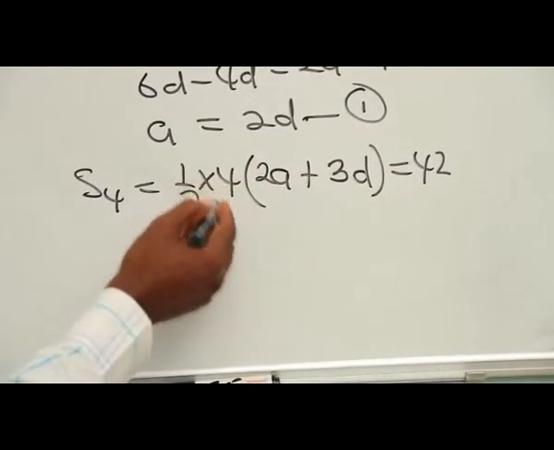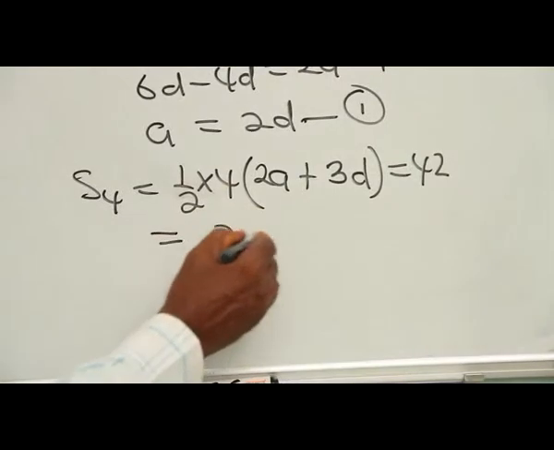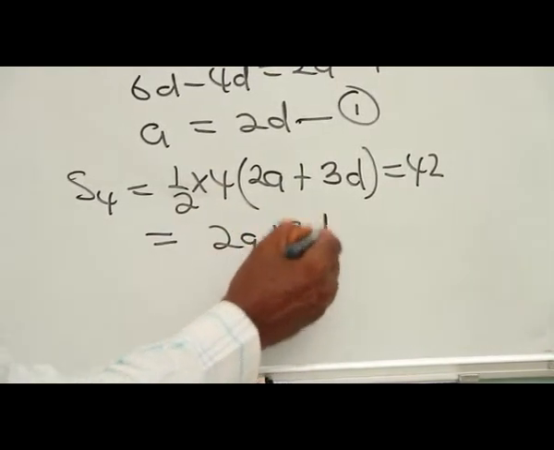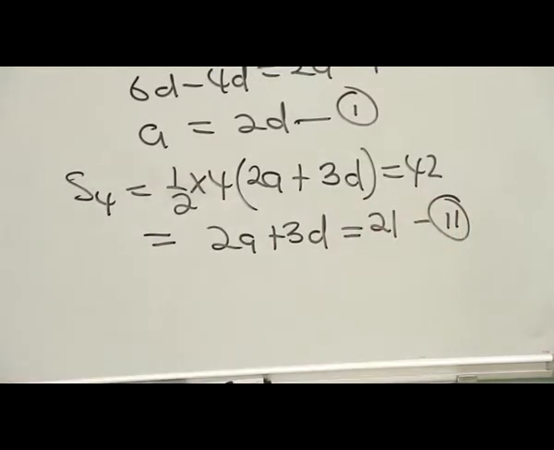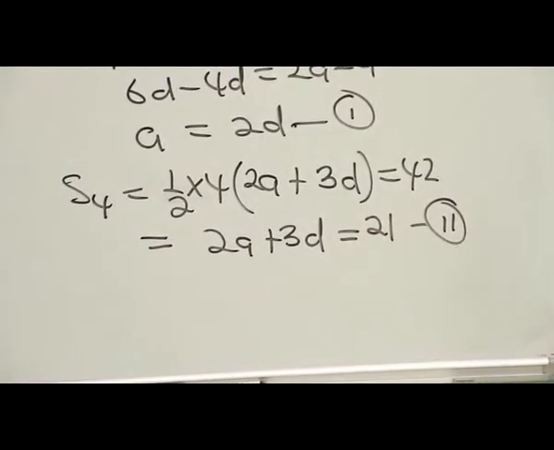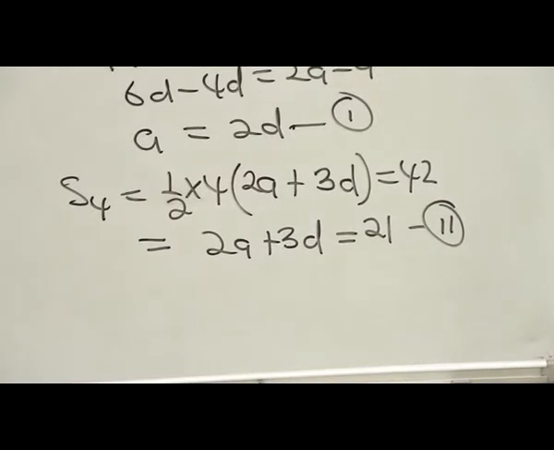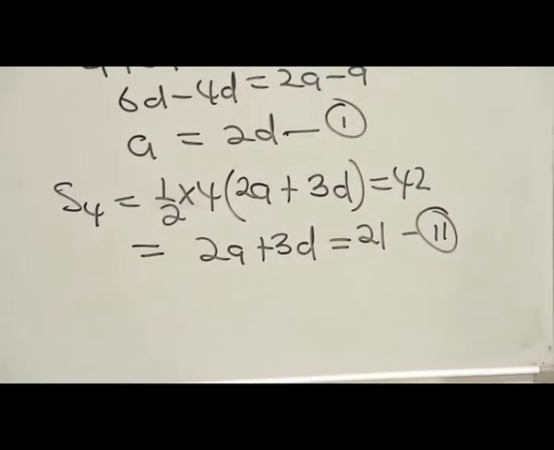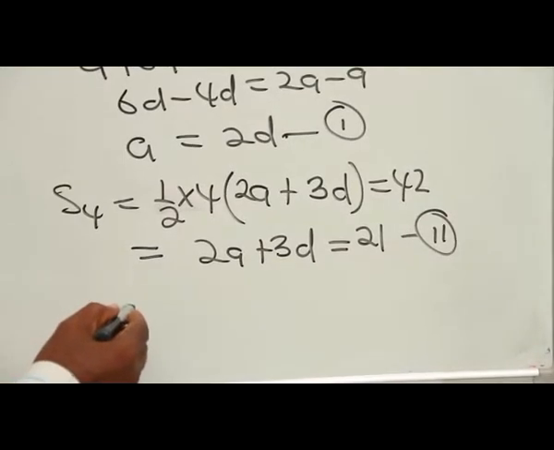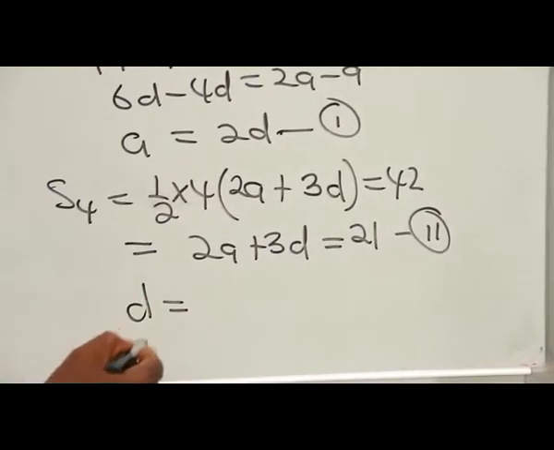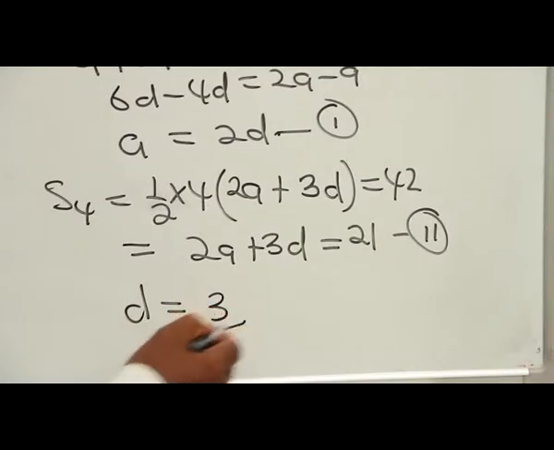The 2 will cancel, and the 2 will now divide all through. You now have 2a plus 3d is equal to 21. This is the second equation. You will therefore solve equation 1 and equation 2 simultaneously, and then d will be equal to 3.